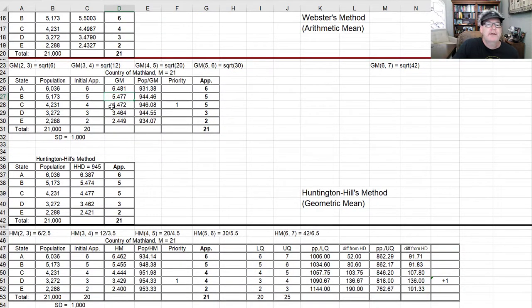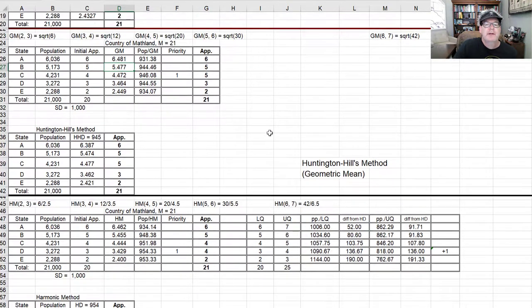For Huntington-Hill, population, everybody got their lower quota. Find the geometric mean of where you're at and where you're going to go, divide the population by the geometric mean, largest value got the next seat. And you can see the range of divisors that would work. Well, actually you can't because you don't see the next priority.